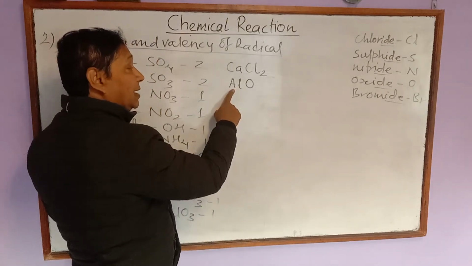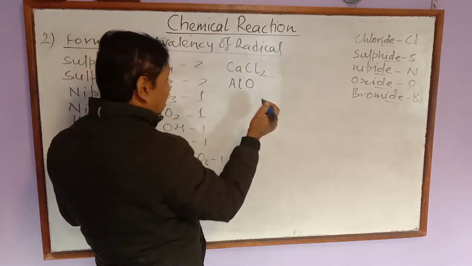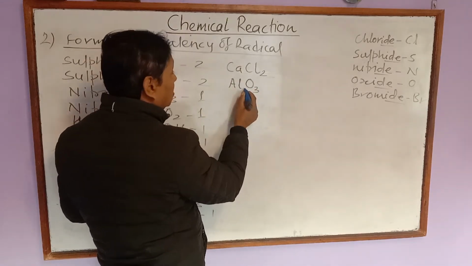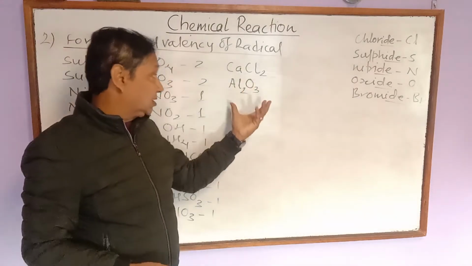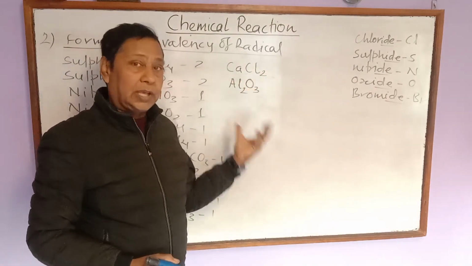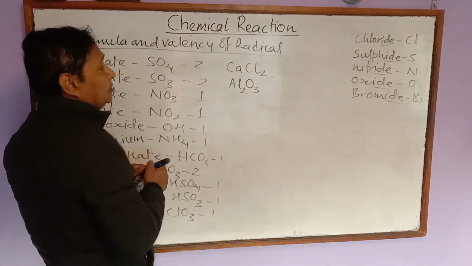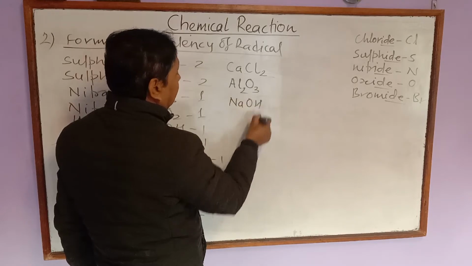And valency of aluminium 3 and valency of oxygen 2. That's why we have to exchange. Aluminium 3 is given to oxygen and oxygen 2 is given to aluminium, and Al2O3 is the molecular formula of the compound aluminium oxide.